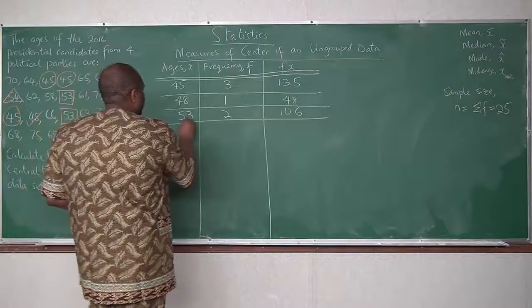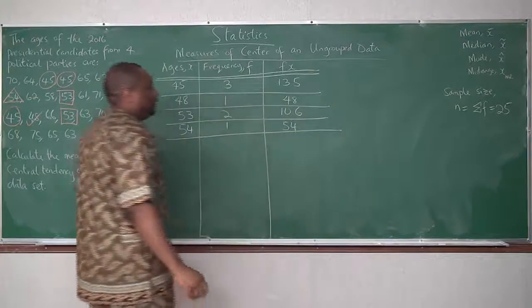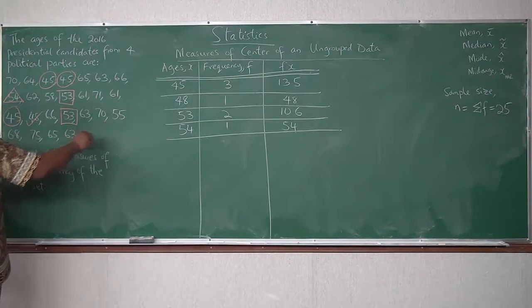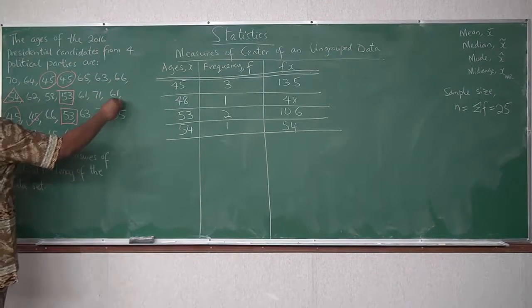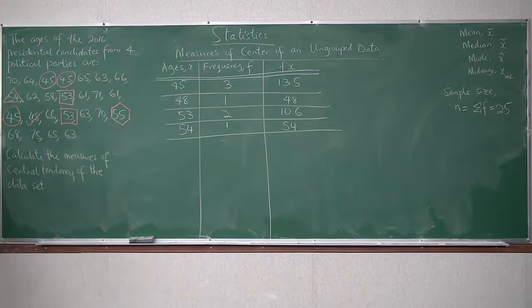Then do we have 55? 55, we have one person here. Let me use a hexagon for 55. 55 is one person.